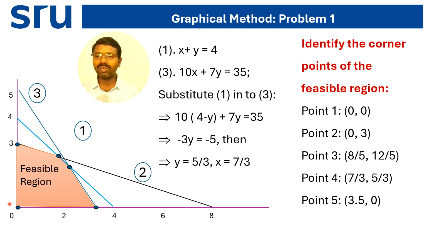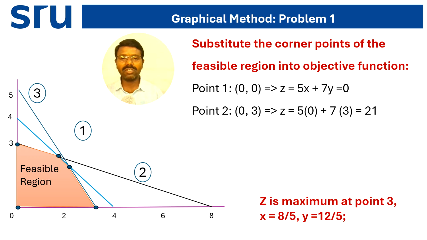Once you get these 5 corner points of the feasible region, we need to identify on which point the value z is maximum. Now substitute the corner points of the feasible region into the objective function. That is the next step.